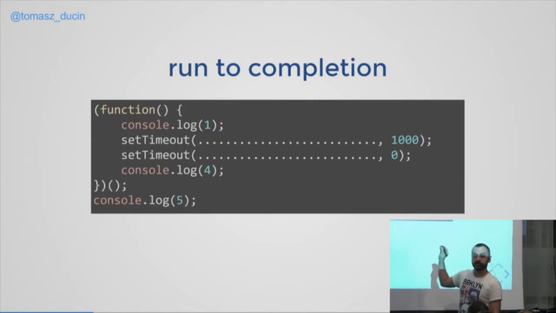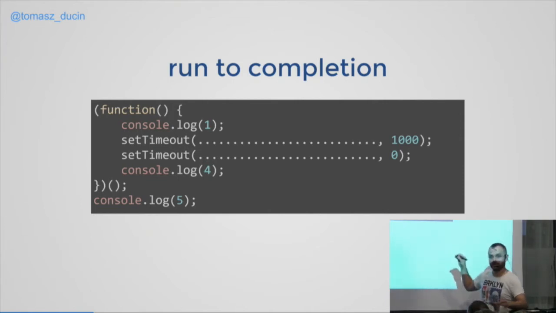So that's the first thing. Run to completion is a rule that defines this asynchronous model: when one thing is started, it has to finish before any other thing can be executed, right? So it's a queue of messages. It's just a queue of different code that can be executed one after another. So right now, the web API timer is counting which of these messages is going to be done first.